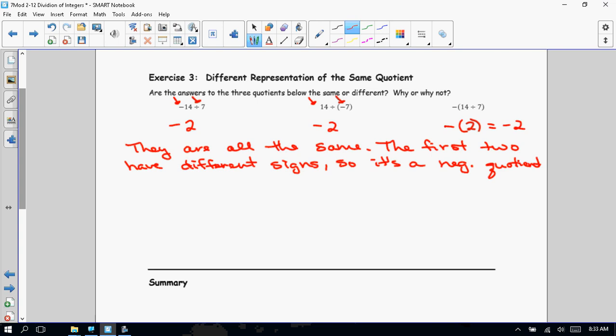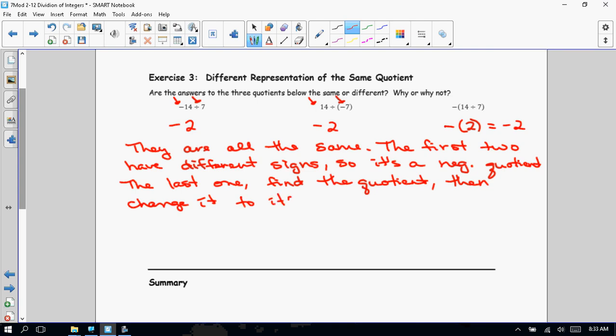What's up with that third one? The last one, what did we do? Find the quotient. We did the division, find the quotient, then change it to its opposite.